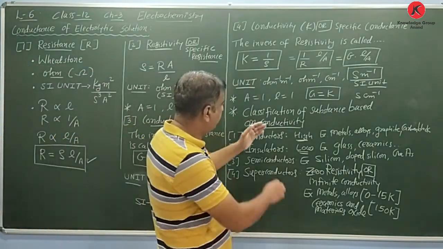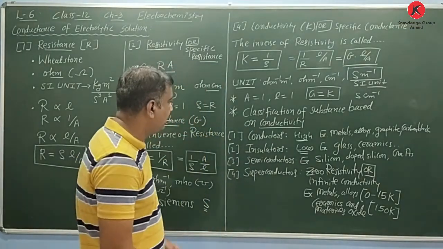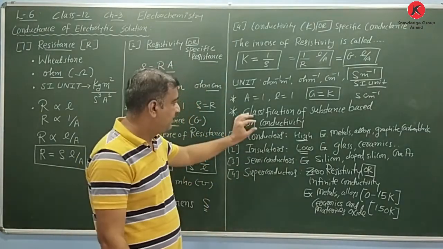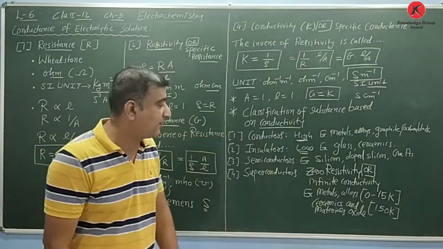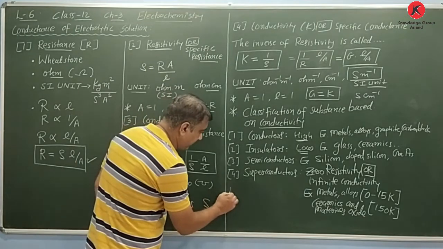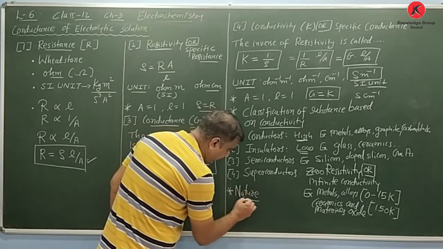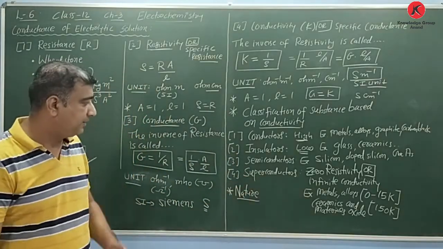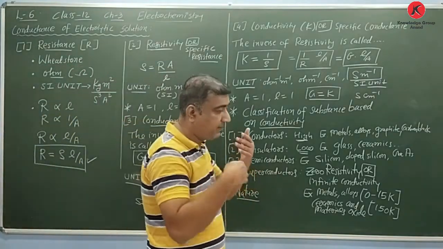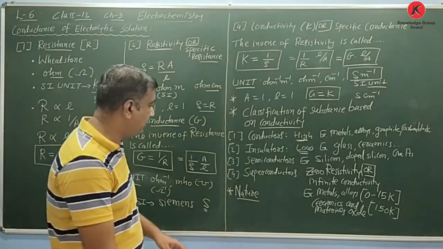Now, why do different materials have different conductivity? Obviously, the value of conductivity depends upon the nature of the material and the structure of the material. Different substances have different structures, so obviously the value of conductivity will be different.